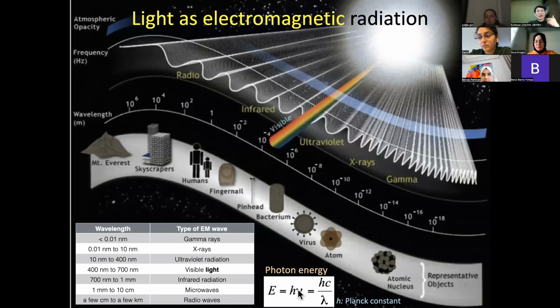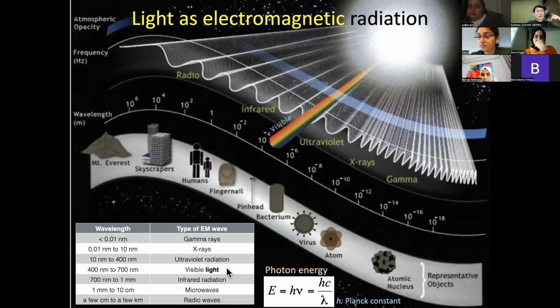Photon energy is hc over lambda. It's a little confusing, but the point is the shorter the wavelength, the higher the energy. That's why you have to avoid UV to prevent skin cancers. So this is ultraviolet, and even shorter ones we call X-rays. Even shorter ones we call gamma rays, very, very powerful, which you can find in things like nuclear weapons.